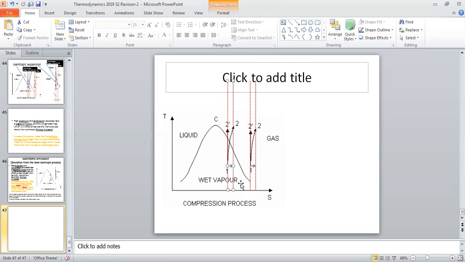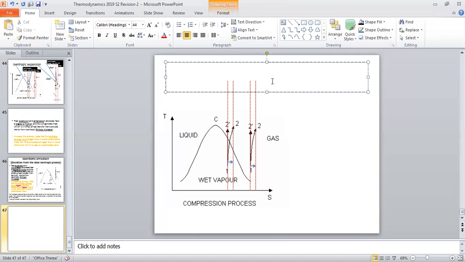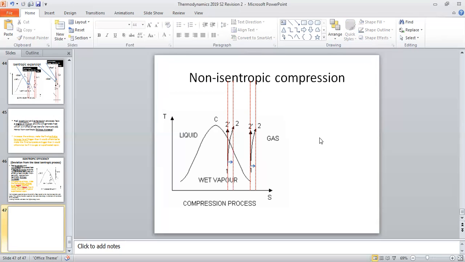Here also the same. You can see the entropy rise here for compression. So you have to understand this entropy rise.